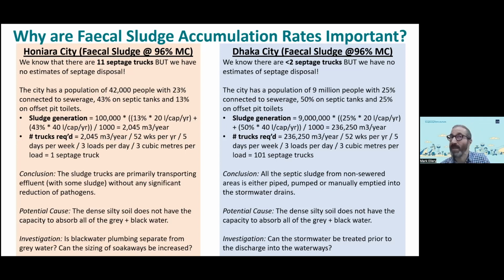And that means that most of the fecal waste is actually being removed and transported either informally, or it's all just going into the stormwater drains. It is a combination of the two, but by and large, we know that the septage is basically just finding its way into the stormwater system rather than into treatment systems.